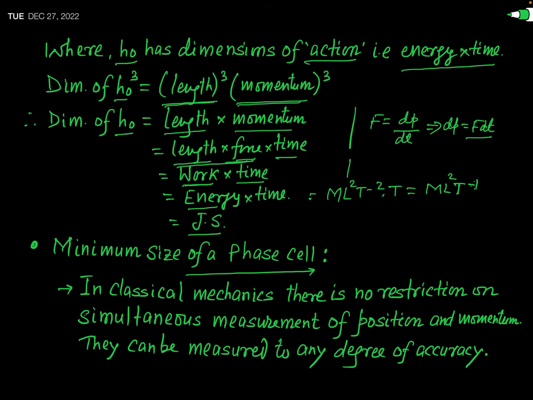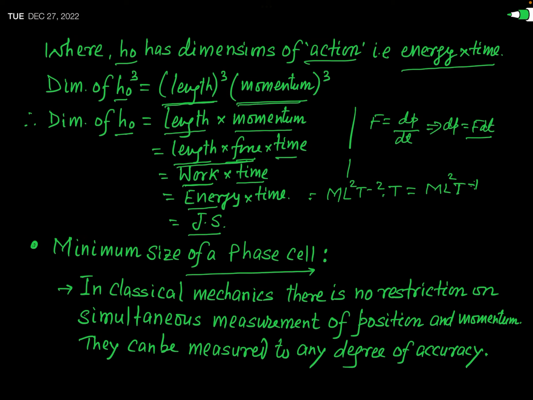Okay. So you can see that the dimension of this constant h naught which we have assumed is just the dimension of action, that is the dimension of the product of energy and time.